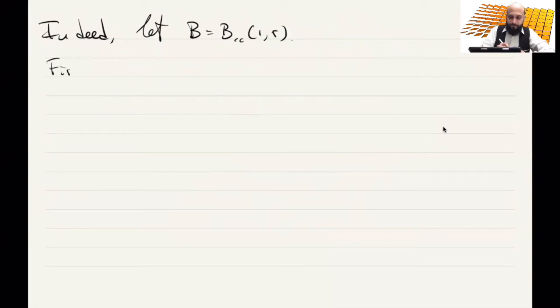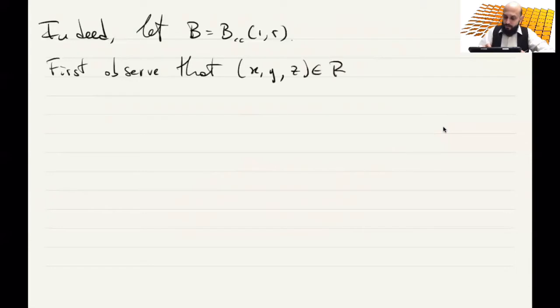First, observe that if I take a point x, y, z in the ball of radius r, I claim that both x and y are smaller than r.